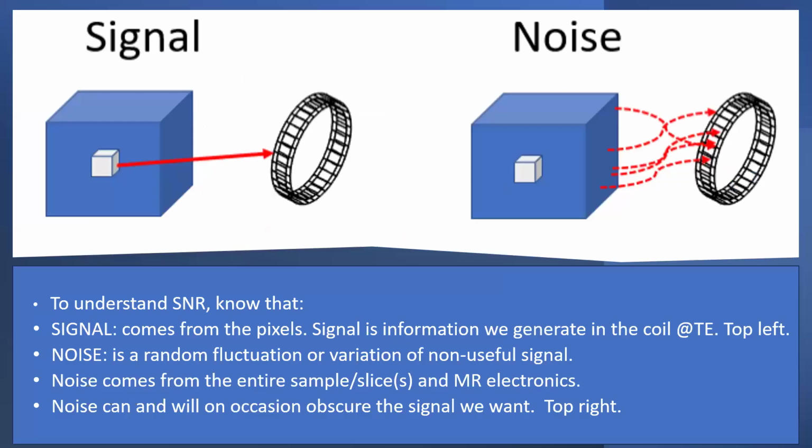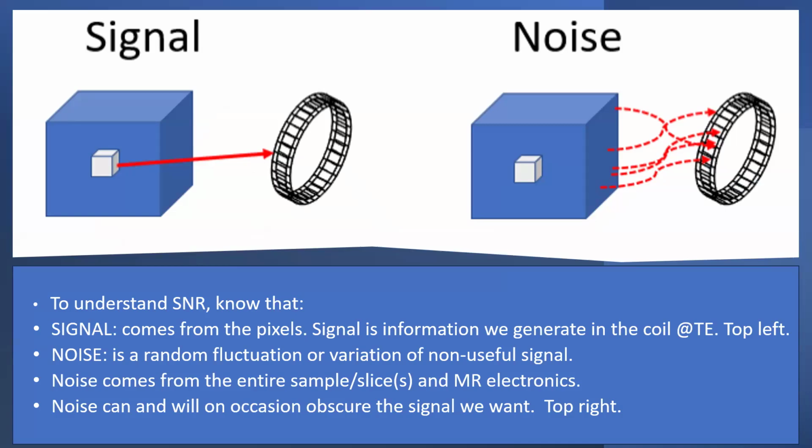Okay. Now, signal. Here's one way to think of signal, or signal to noise. Know that signal comes from our pixels. I said this last night. We get signal from the pixels at TE. And the noise is random fluctuations or random non-useful signal, let's just call it what it is. It's random yuckiness, okay? And we get that from every place else, including the pixels, but we also get it from the electronics.